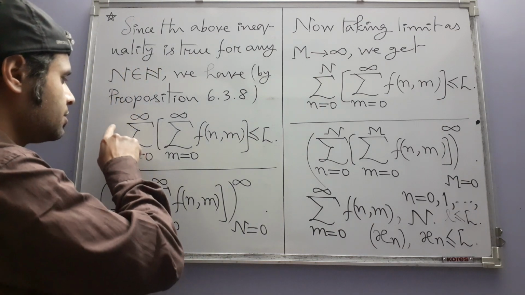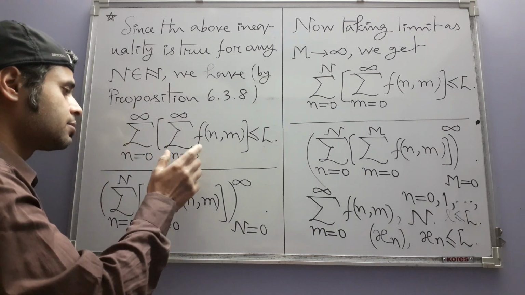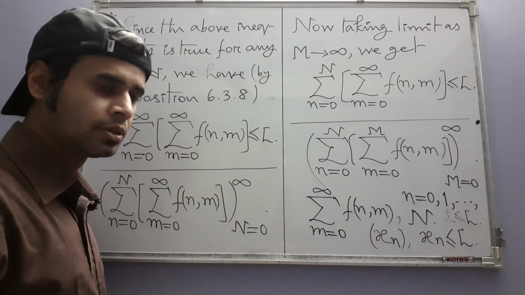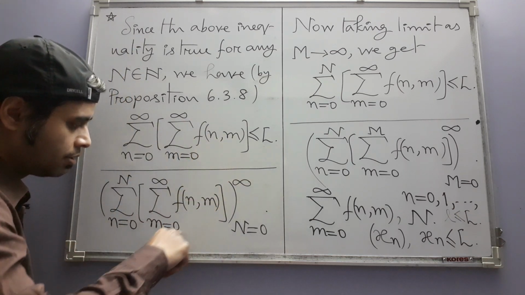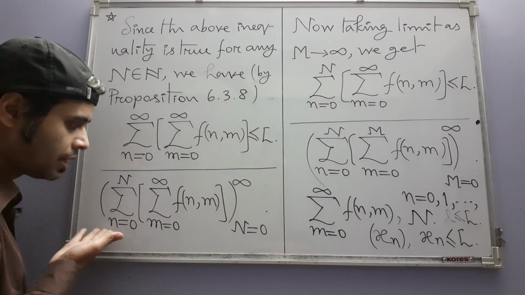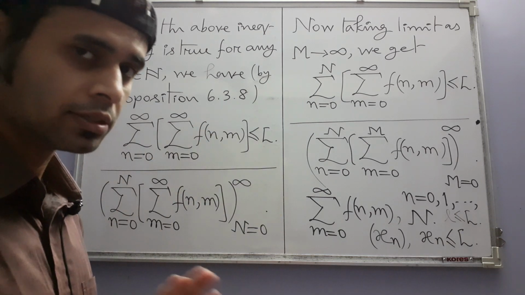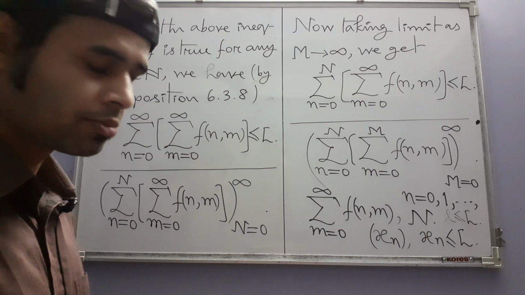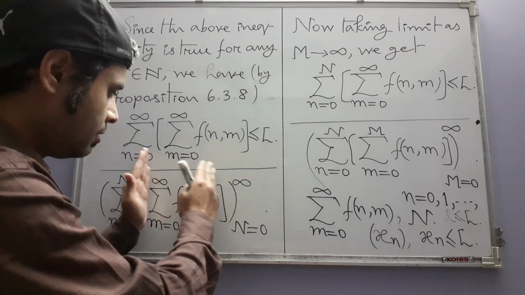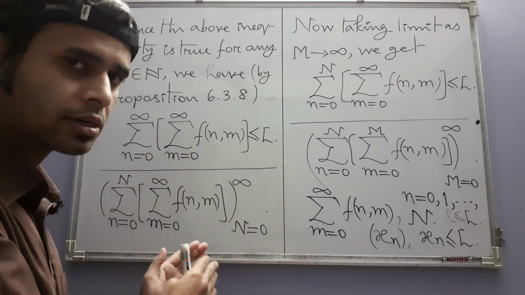So that means this outer series that you are looking at is again a series whose terms are non-negative real numbers. So when we look at the sequence of partial sums of this outer series, that is this sequence, we are again looking at a sequence that is monotone increasing, simply because the terms, these inner series terms, are non-negative real numbers.